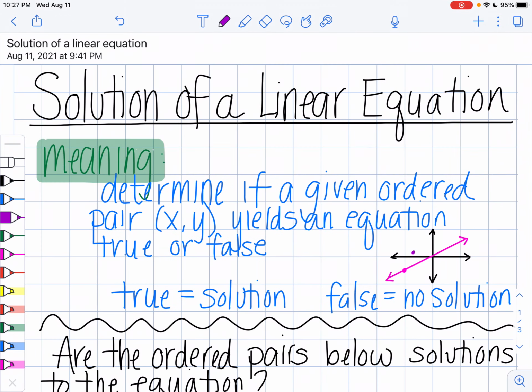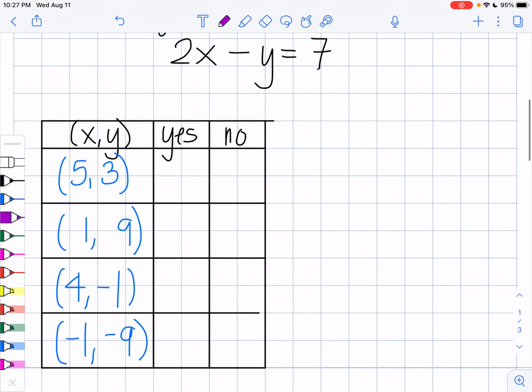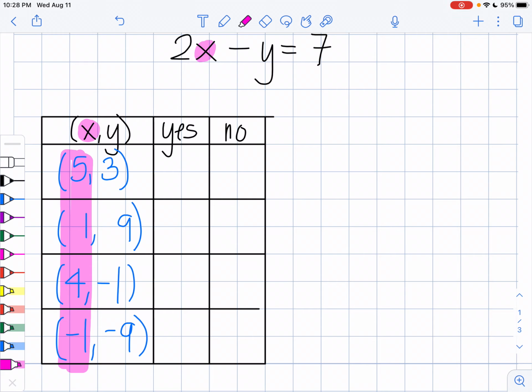Okay, so we're going to come down here and do a quick example. Are the ordered pairs below solutions to the equation? So here's what you're going to do. They give you ordered pairs in this column. You're going to plug in the x's, all these guys you're going to plug in for x, not at the same time, obviously.